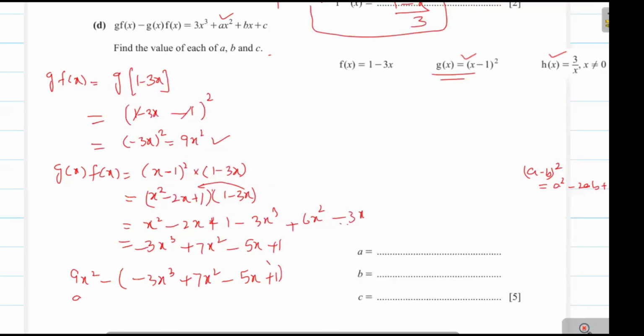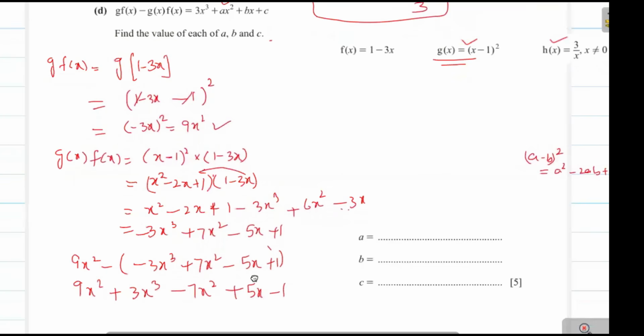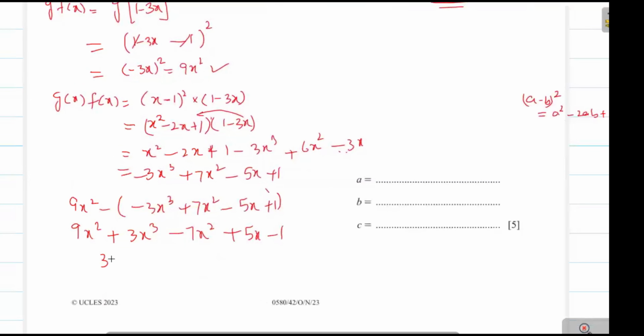Now we simplify it, we get 9x square plus 3x cube minus 7x square plus 5x minus 1. Now here we can write it as 3x cube plus 2x square plus 5x minus 1.